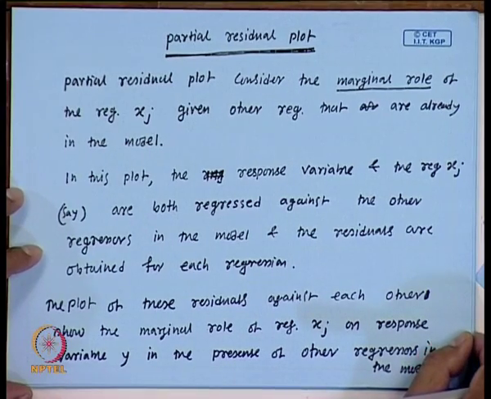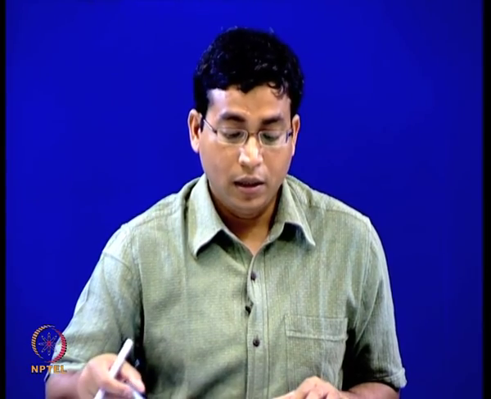I said that this partial residual plot considers the marginal role of xj, so you need to understand what I mean by the marginal role of xj on the response variable in the presence of other regressors in the model.